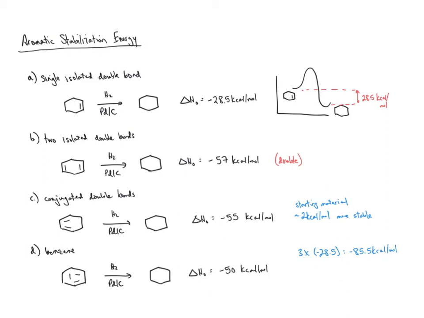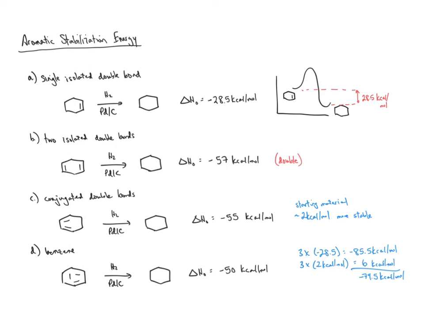Right, and then if you factor in the contribution from conjugation, you have 3 double bonds in conjugation with one another. So again, 3 times 2 is about 6 kcals per mole. So if we add those up, it should be about minus 79.5 kcals per mole.